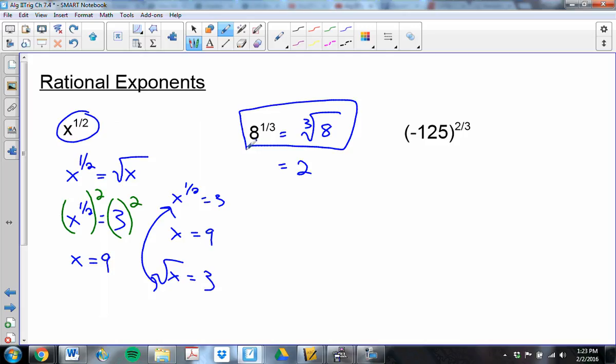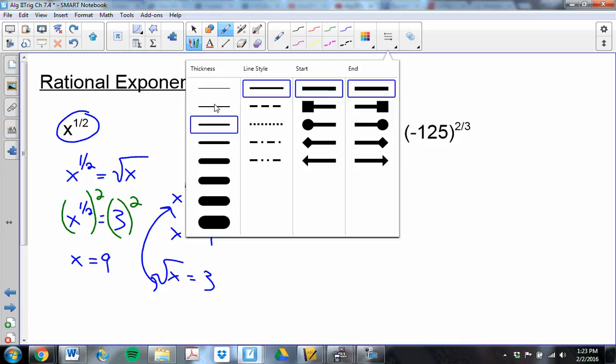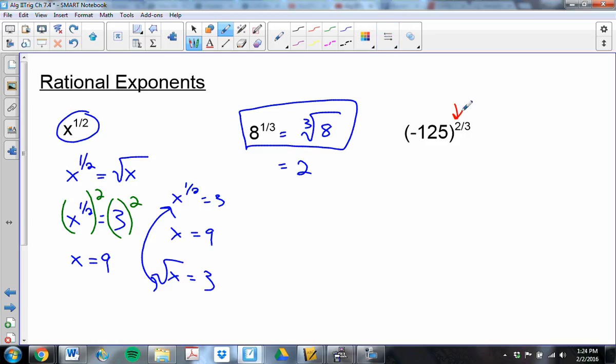And now what can get a little bit more confusing is if the powers are fractions that don't have a 1 in their numerator. This is really negative 125 squared in a third root. It's the third root of negative 125 squared.